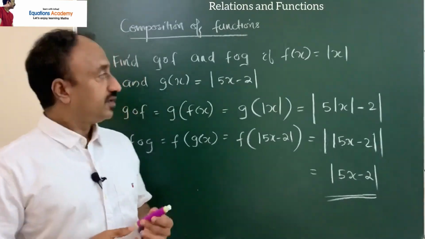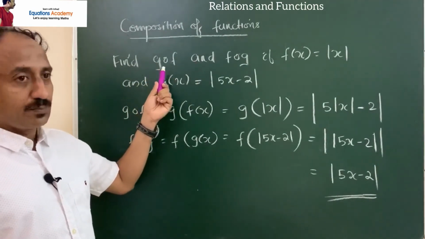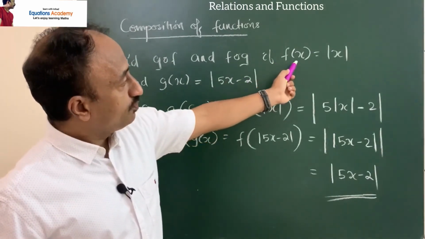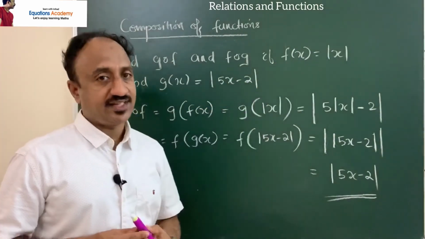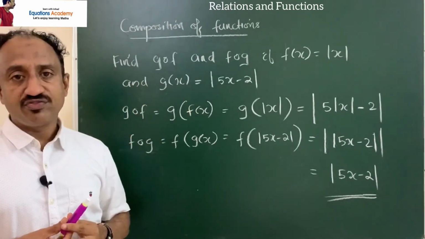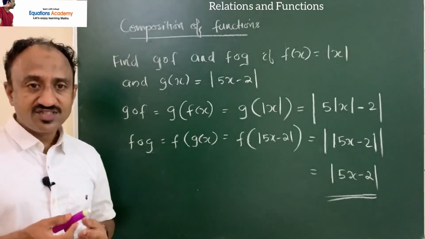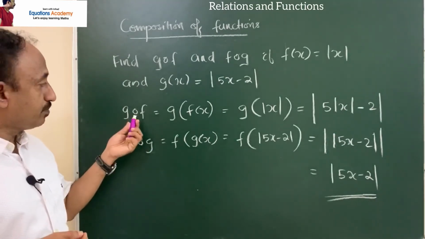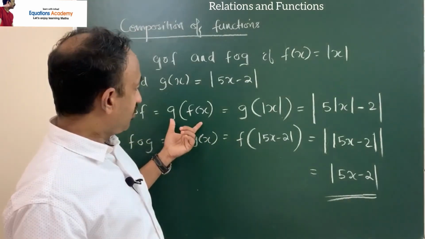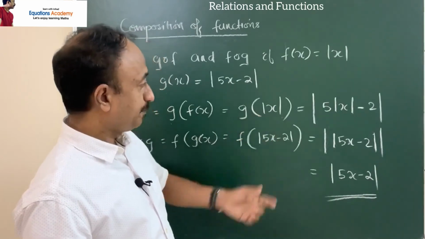Next question. Find g composition f and f o g if f of x equals mod x and g of x equals mod 5x minus 2. So what is g composition f? G composition f is equal to g of f of x equal to g of mod x.